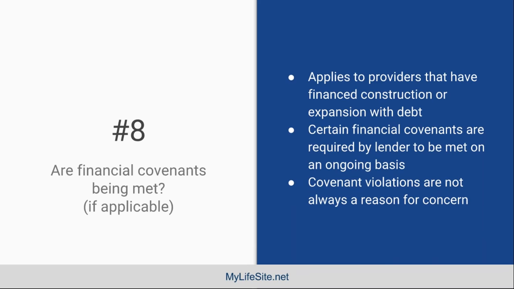It's something that can be addressed fairly quickly. But in other cases, that may not be the situation. So you first just want to find out if there have been any covenant violations. That's something you can ask a member of the staff or the finance team at the community. And if there have, then clearly that's something you want to ask more about, ask how that's being addressed and what the reason was for it, and so forth.